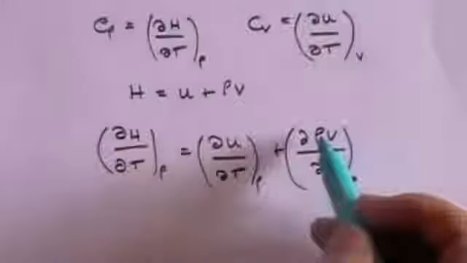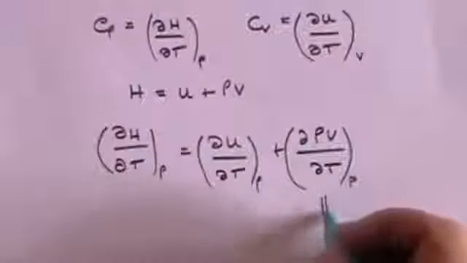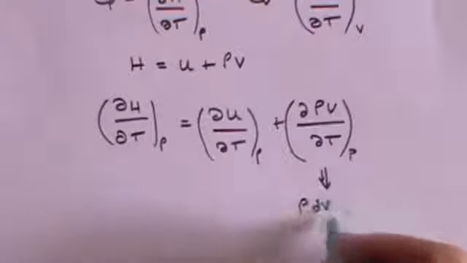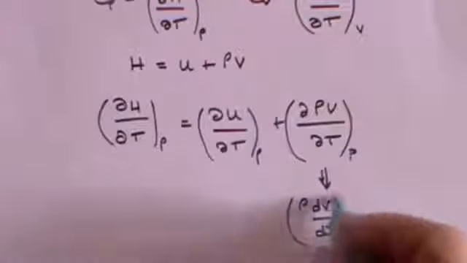But at constant pressure, this P term is obviously a constant. So this term here is the same as P dV by dT at constant pressure.